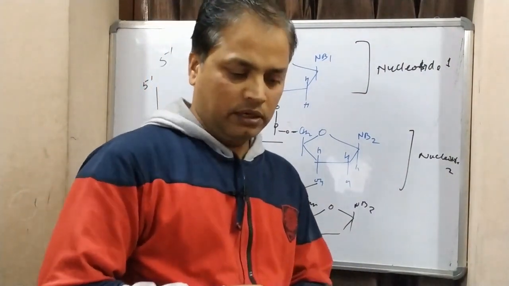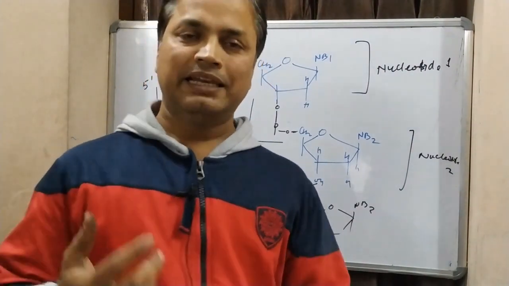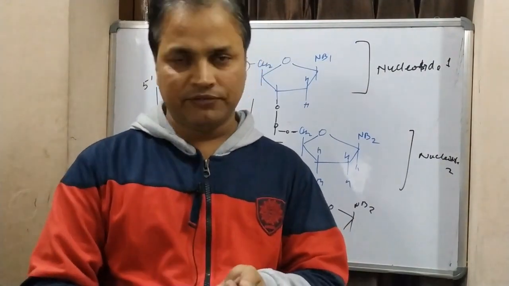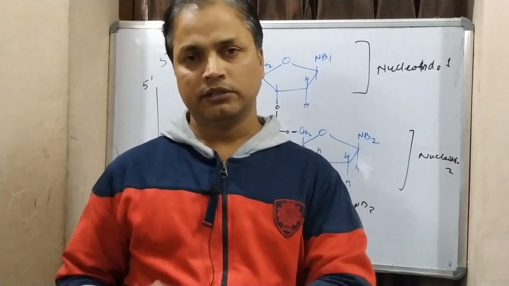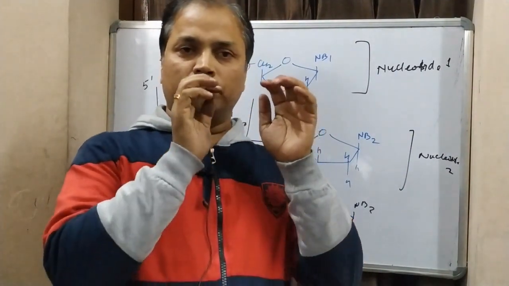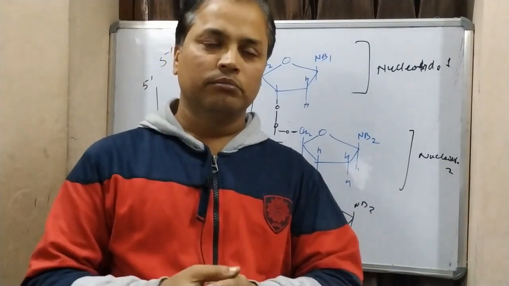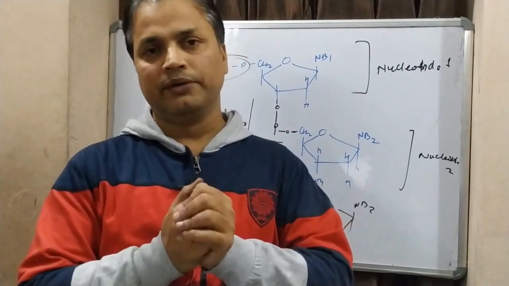Now you know that DNA, in our case, is a double helical structure, and that has been established on the basis of Chargaff's rules. I have already uploaded a video on Chargaff's rule, and I will give you the link in the description box. Purines and pyrimidines have equal percentages in double stranded DNA.